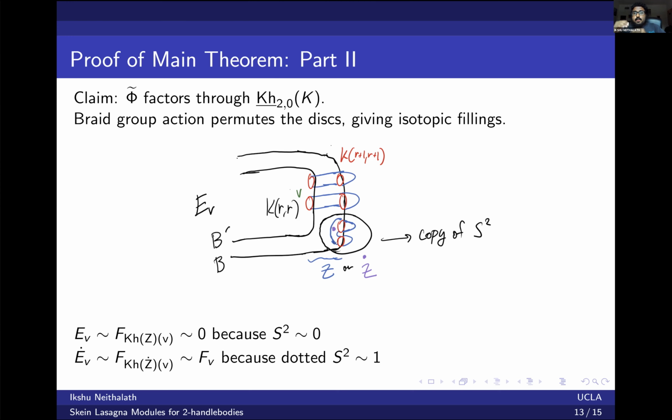Actually, just think about a disc cross I inside of the 2 handle where the 2 boundary components are your parallel 2 discs. Then it's easy to see you can push the whole thing off of the 2 handle. Yeah, exactly what's happening.